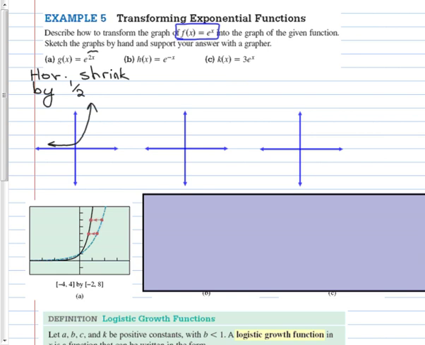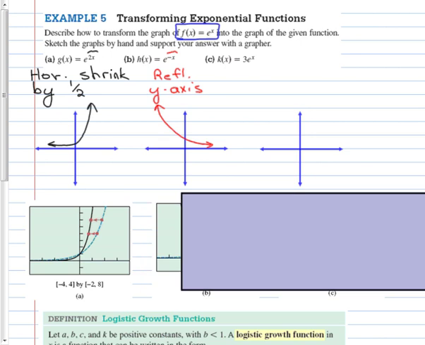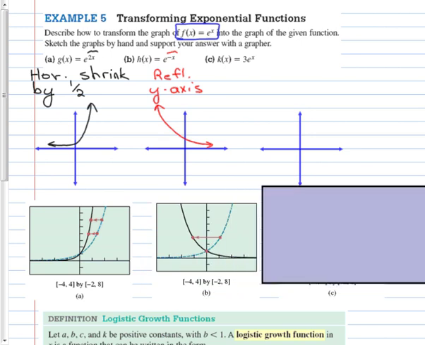Oh, we know this, negative x. What's that one? That's reflected across the y-axis. There's my abbreviation. So, reflected across the y-axis. And it makes it a decay. The negative up there. Oh, this is easy stuff. This one?